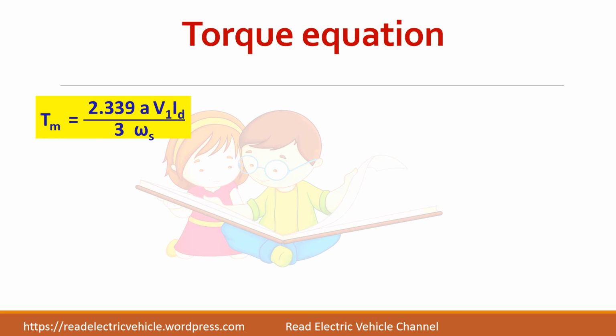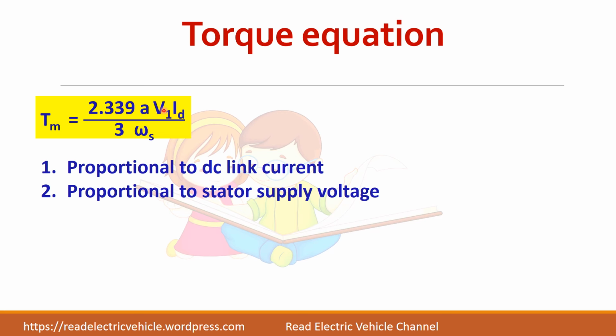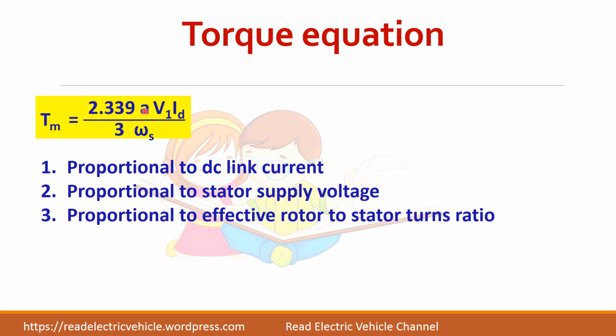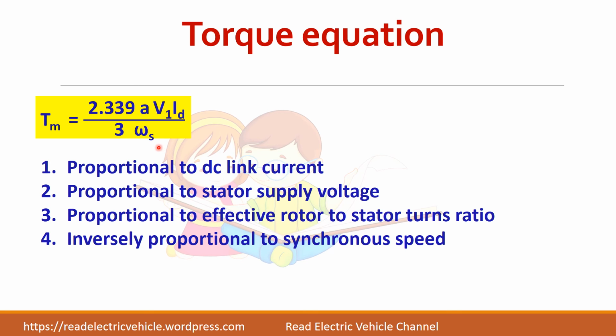So we can observe that the torque equation remains the same irrespective of whether we connect the transformer or not, or it is independent of the transformer's turns ratio. So torque is directly proportional to the DC link current, supply voltage, this rotor to stator turns ratio, and inversely proportional to the synchronous speed.